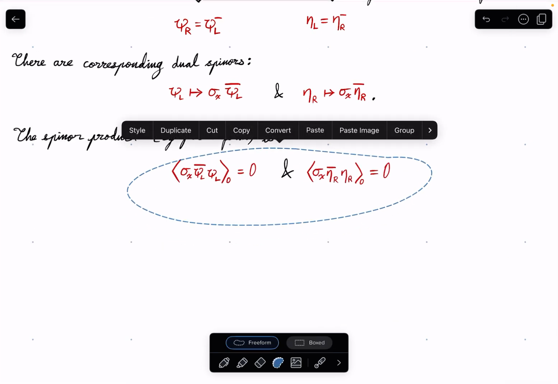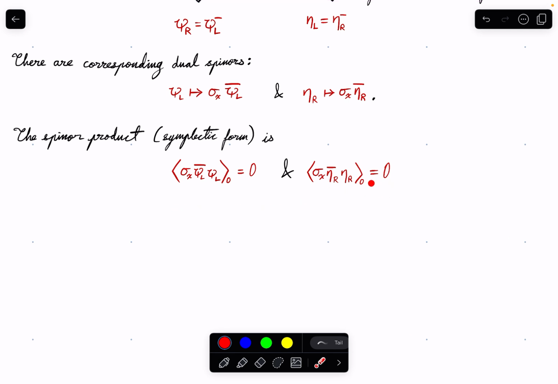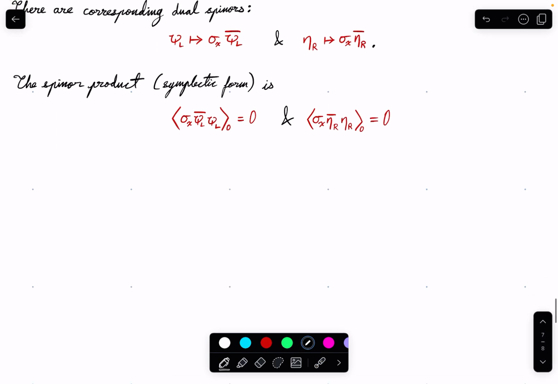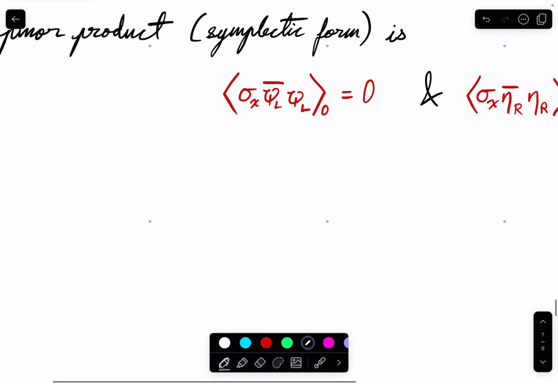But you can also consider the product between a left spinor and a right spinor by first changing a left spinor into a right spinor, and then you can consider this right spinor's product with this right spinor.